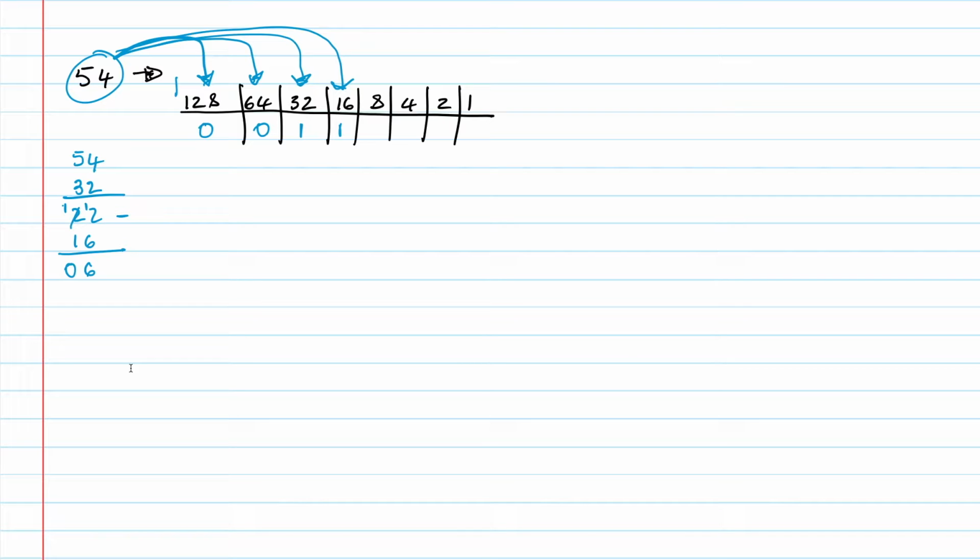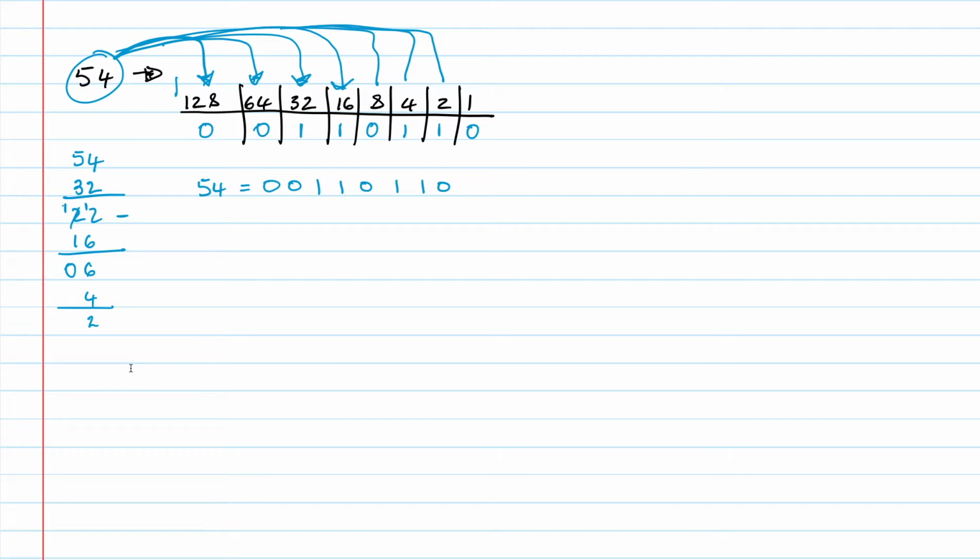So I now need to find 6. Now I've got 8 there, but 8 is too big, so I'm going to put a 0. But look, we've got 4, so we can take 4 away. Then all I need is 2. So as I go through this, working down each time, 2 is all I need, and look, my number is done. So 54 in binary is 0, 0, 1, 1, 0, 1, 1, 0.